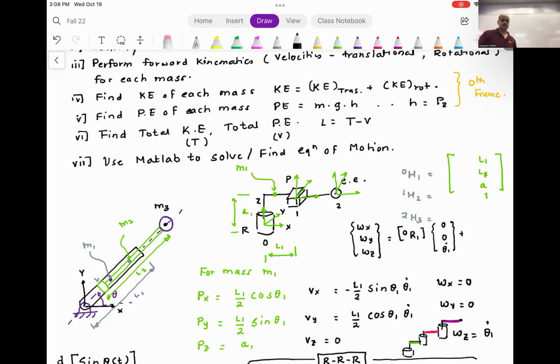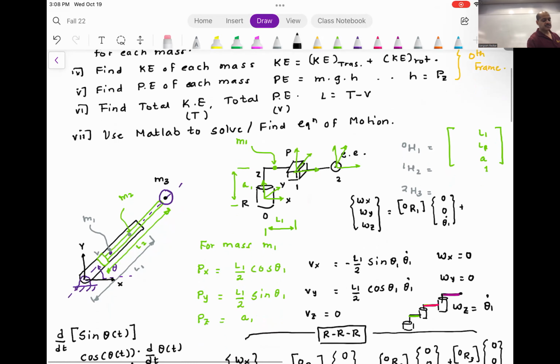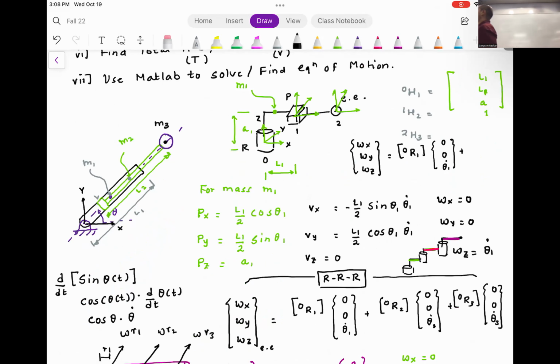For example, we derived this in the last class. For mass M1, we found Px, Py, and Pz. I'm going to write this on the board because I'm going to code these equations in MATLAB, so I need the equations at the same time.